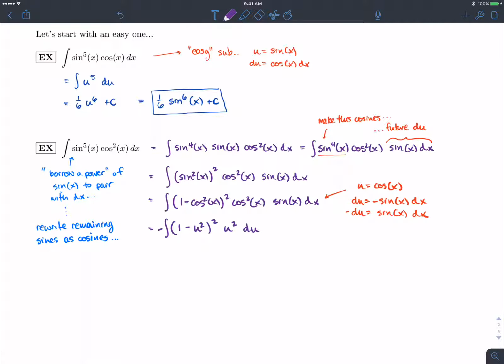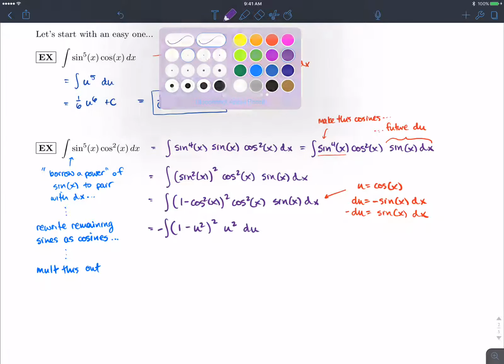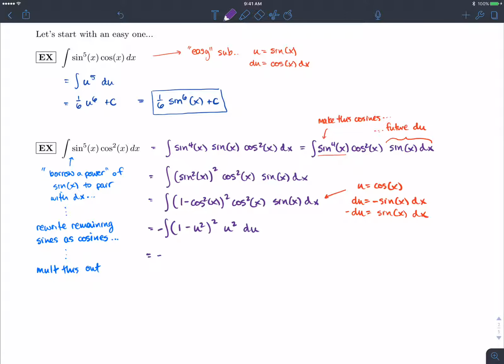Now we just need to multiply all this stuff out, and lots of times this might be something we have to do depending on the order of these powers. We might have to do some multiplying and cleaning up, and that's what we're going to do here. So if we multiply this all out, we're going to have negative integral.